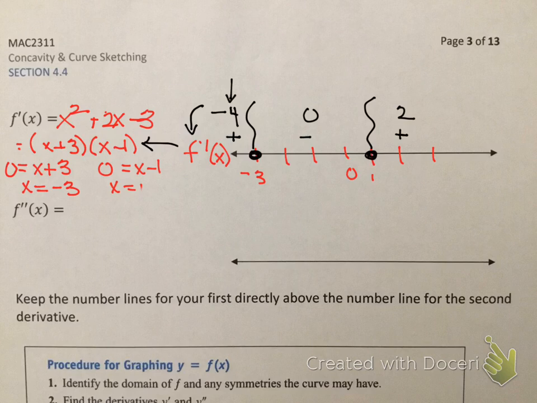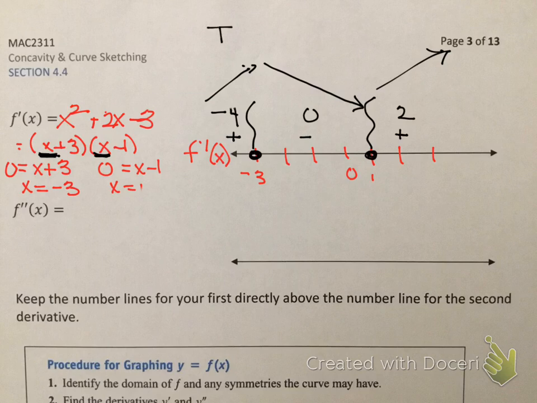Let's plug in negative 4. I'm plugging in negative 4 in both of these locations. Here I get a negative out, here I get a negative out. A negative times a negative would be a positive. So this tells me that my function is increasing, decreasing, and increasing.